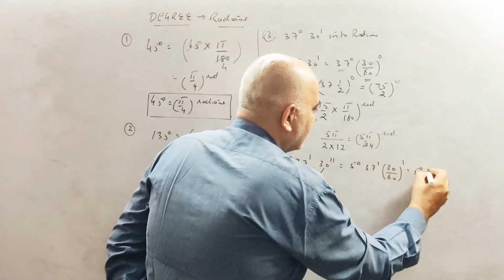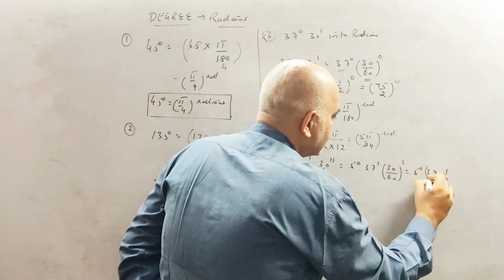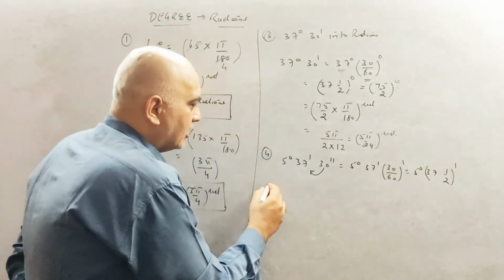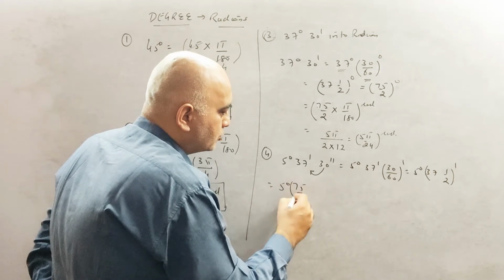So 5 degrees 37 minutes and 1 upon 2 minutes, we add, and it becomes 5 degrees 75 upon 2 minutes.